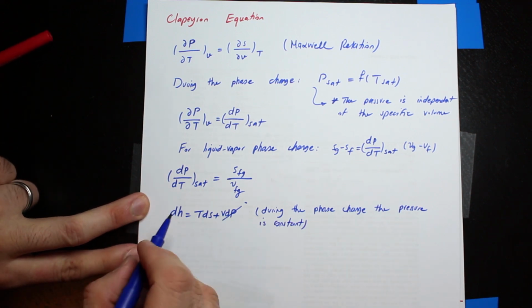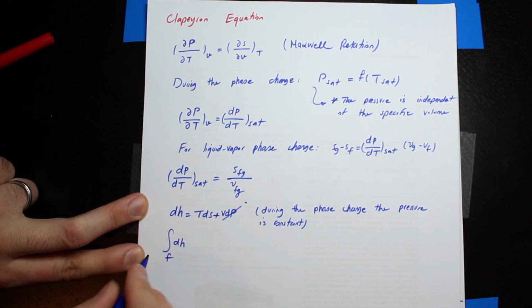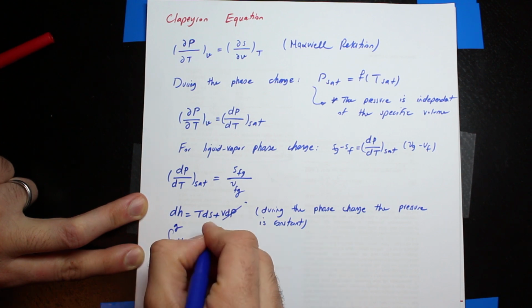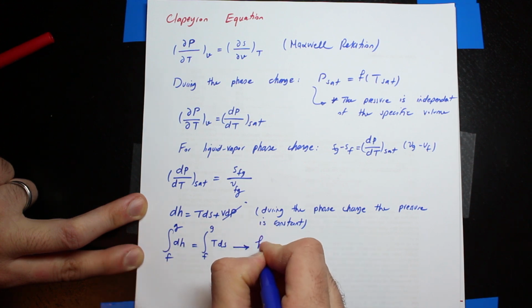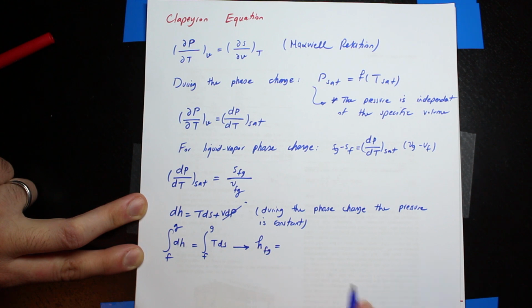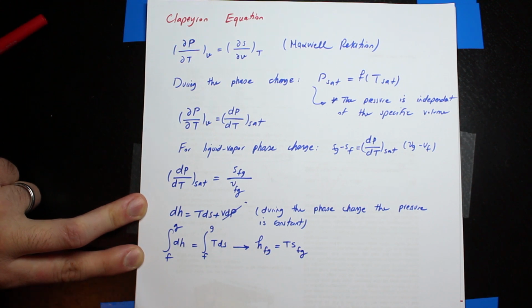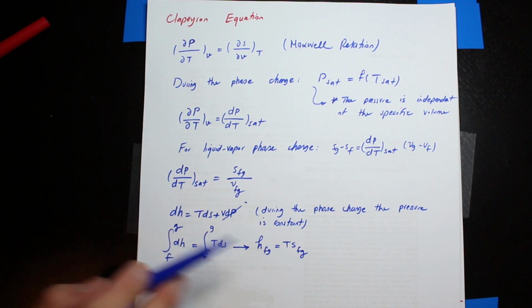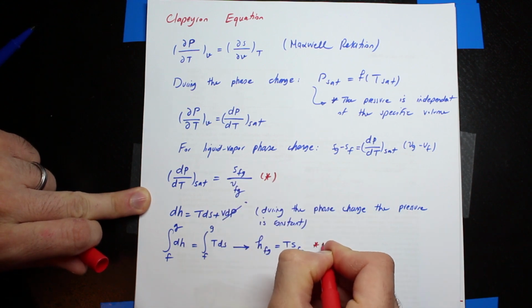So basically that means I can take the integral of this equation, with dH going from liquid phase to vapor phase, from f to g, equal to the integral of TdS also going from saturated liquid to saturated vapor. And if I take the integral, the left hand side gives me Hfg, which is equal to T Sfg. Now for the next step, I can combine this equation with this equation. Let me call this one equation 1 star, and this one 2 star.